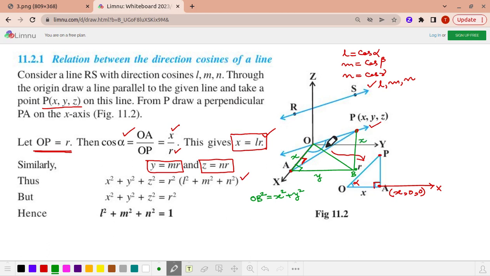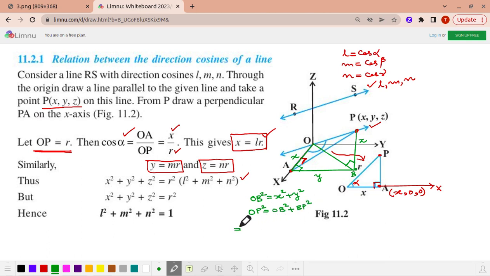Now again, OBP is also a right angle triangle, correct, in which this is the right angle. So we can say OP square equals OB square plus BP square, the same Pythagoras theorem.